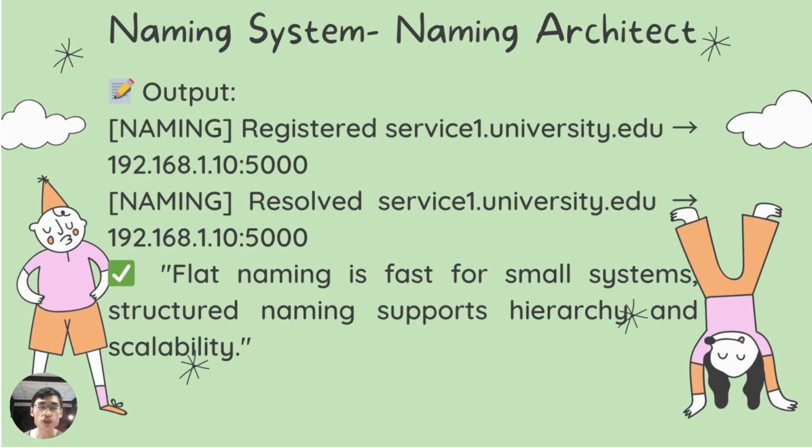For the output, naming register service 1.university.edu will refer to 192.168.1.10:5000. Naming resolve service 1.university.edu will refer to 192.168.1.10:5000.